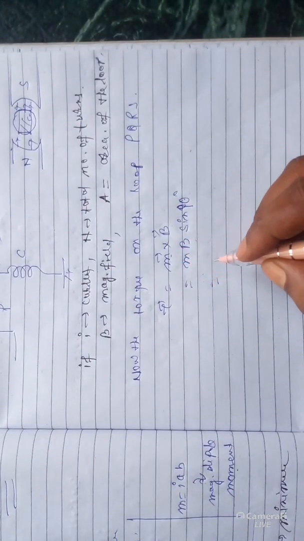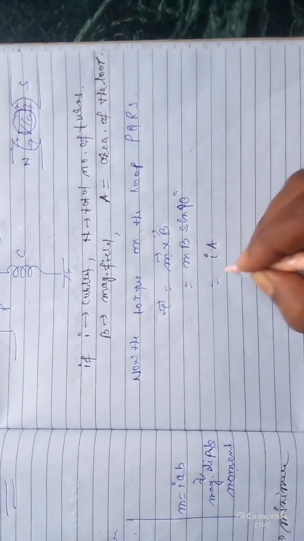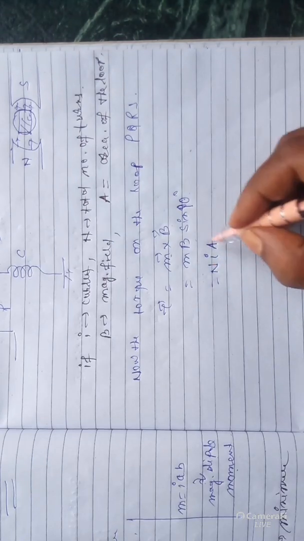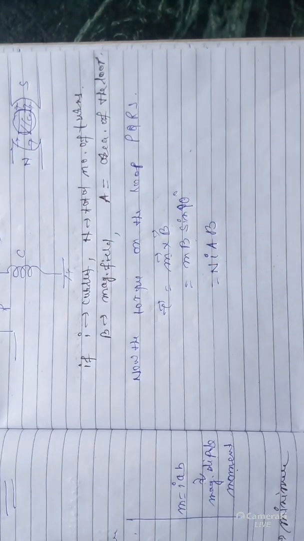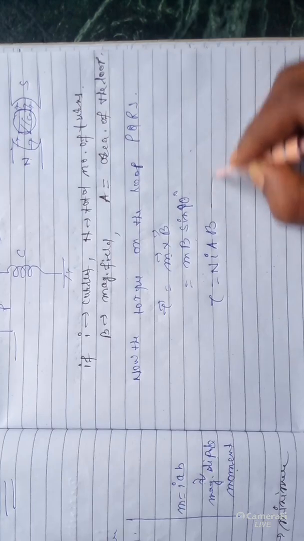I into A. I is the current, A is the area of the loop, but the total number of turns is N. So NIA, then B sin theta is equal to 1, so tau equals NIBA. Clear? This is the torque on this loop. Give equation number 1.